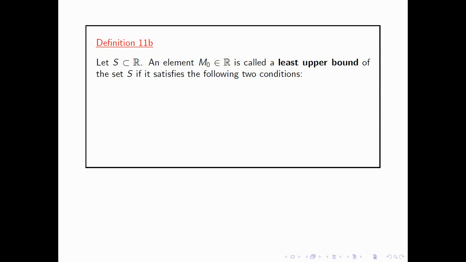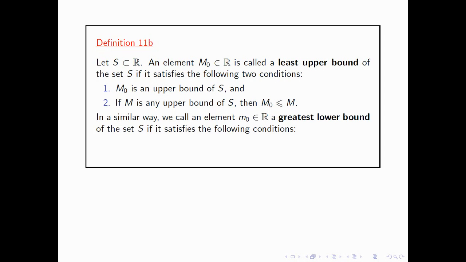If S is a subset of the set of real numbers, then an element M0 is called a least upper bound of the set S if it satisfies the following two conditions. The first one is M0 is an upper bound of S, and if M is any upper bound of S, then M0 must be less than or equal to M.